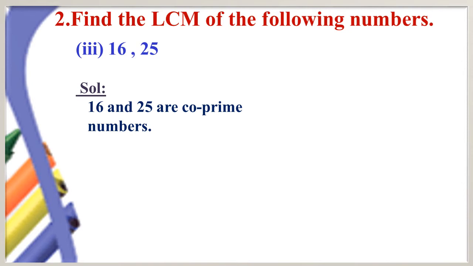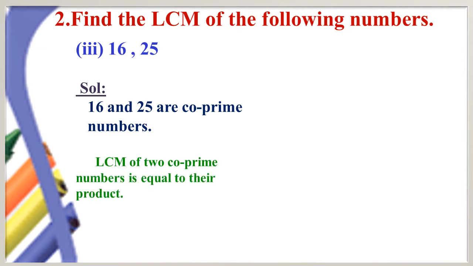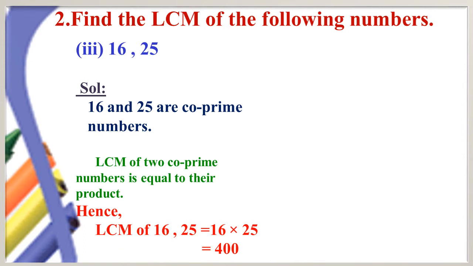So it is called co-prime numbers. Next, we know LCM of two co-prime numbers is equal to the product. Hence, LCM of 16 and 25 equals 16 into 25, which is equal to 400.